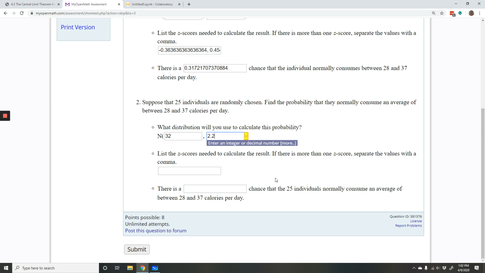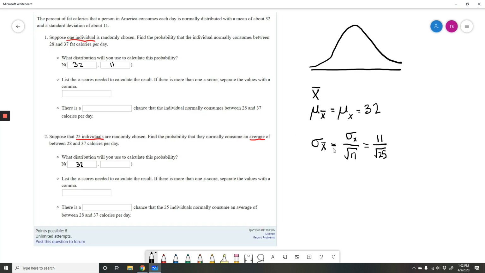Okay, z-scores. We're going to calculate the z-scores the same way, except now we're going to use this mean, this standard deviation. So we still want to find, ultimately, the probability that we consume between 28 and 37 calories per day.